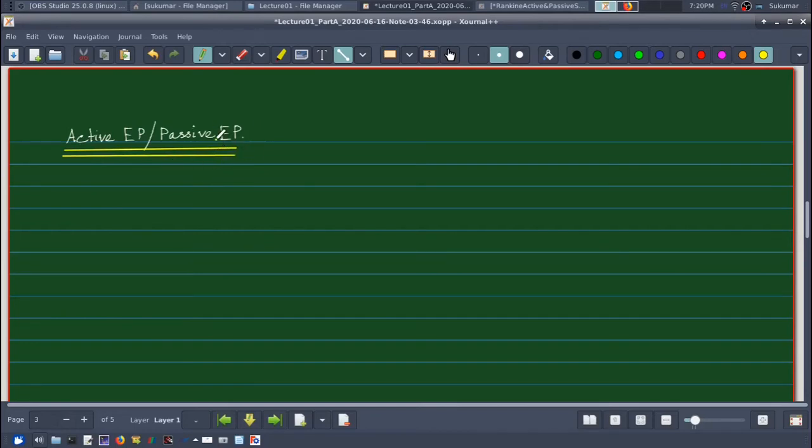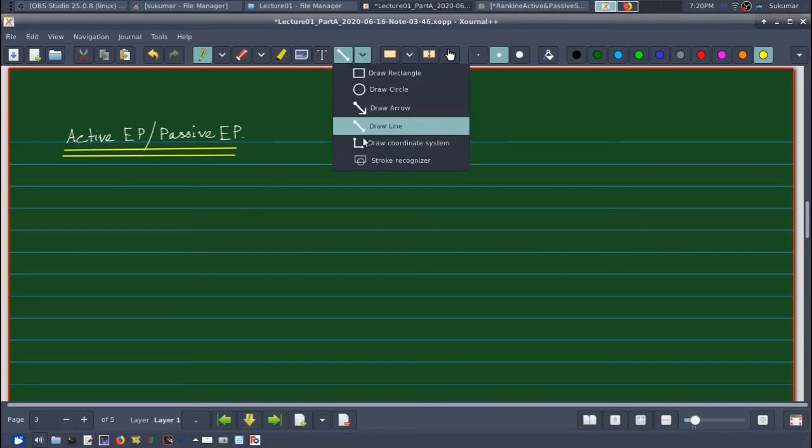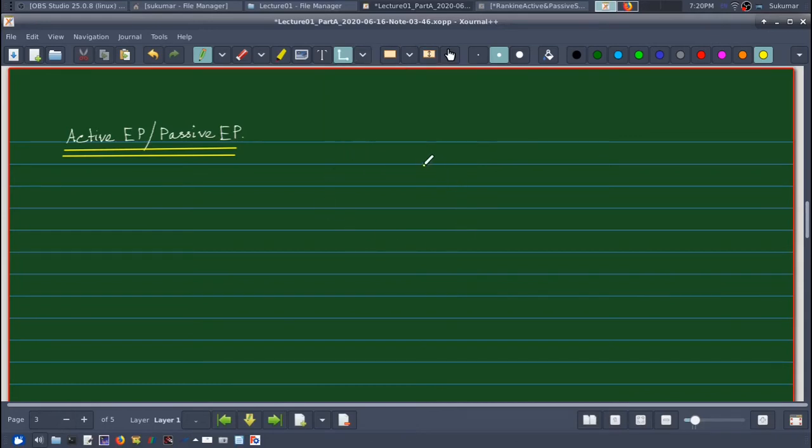For that purpose, let me draw one coordinate system for you. Both active and passive conditions occur when there is lateral deformation of the wall or the backfill.